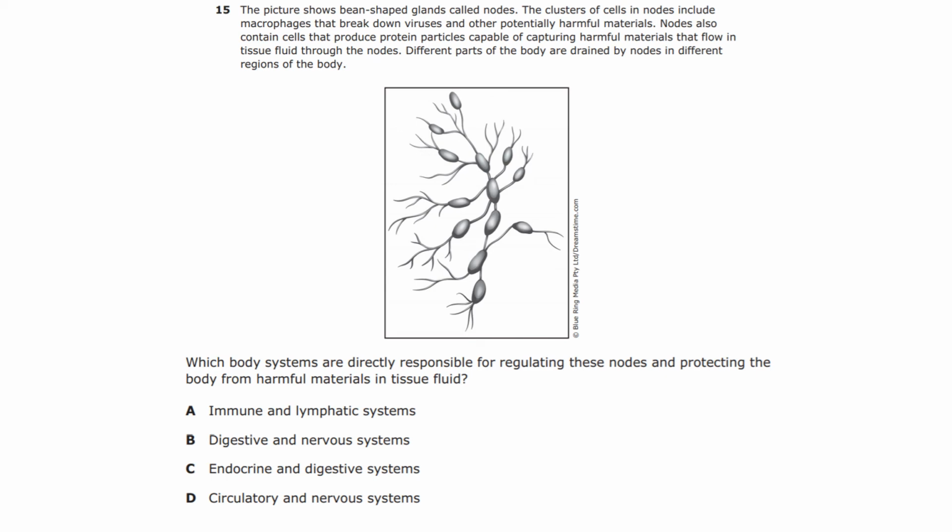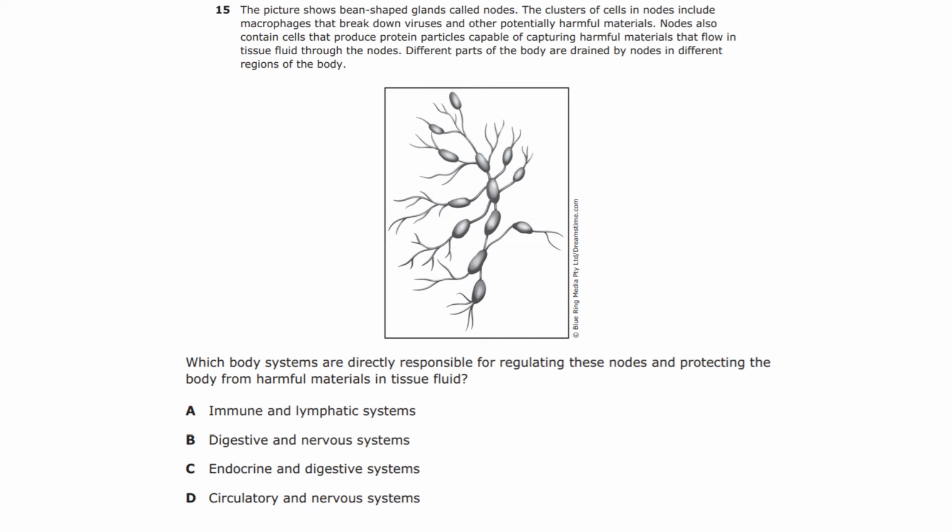Which body systems are directly responsible for regulating these nodes and protecting the body from harmful materials in tissue fluid? So if it's keeping you healthy, it's got to have something to do with the immune system. And these nodes are actually part of the lymphatic system, all right? The lymphatic system is actually part of your circulatory system.